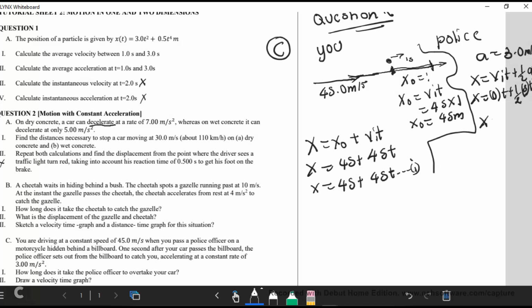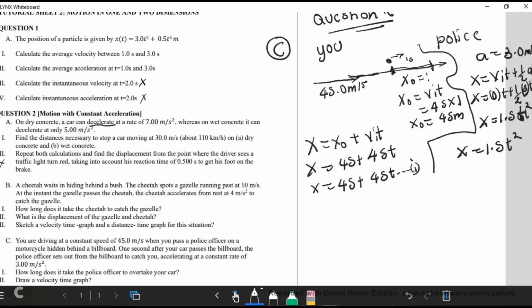Then your displacement will be, when you divide the 3 by 2, 1.5 t squared. So your other equation is 1.5 t squared, like that.